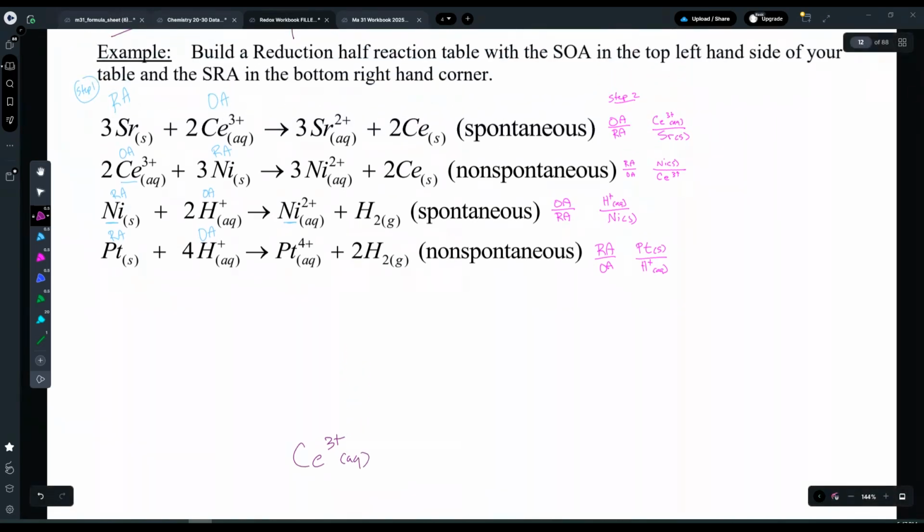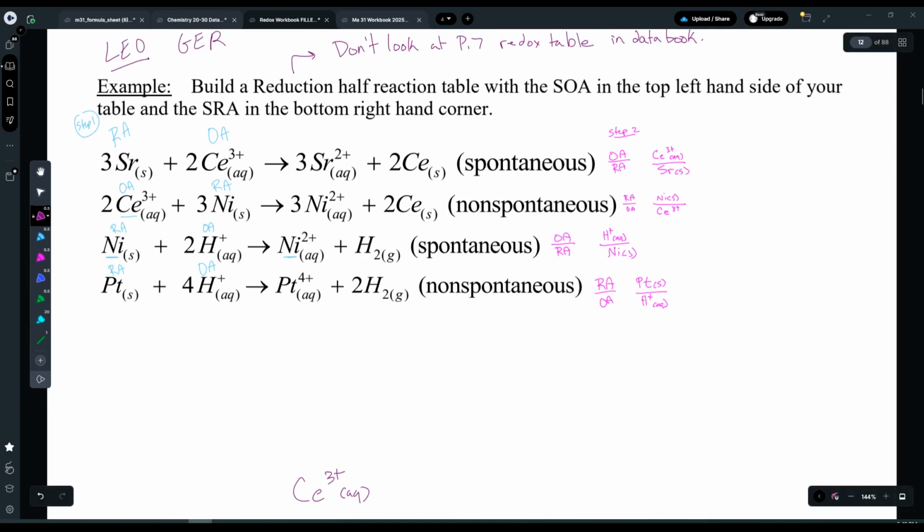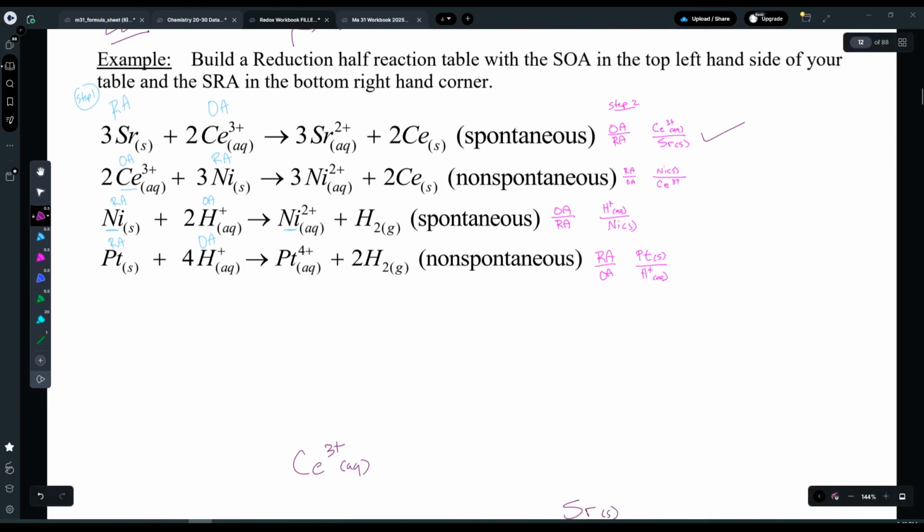Okay, and since cerium is my OA, that's why I'm putting it more to the left-hand side. Since strontium is an RA, I'm going to put it more on the right-hand side. So let's say strontium is right there. Okay, so that's that first one done.